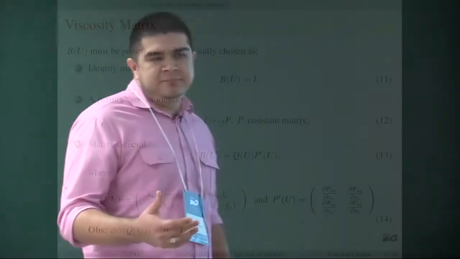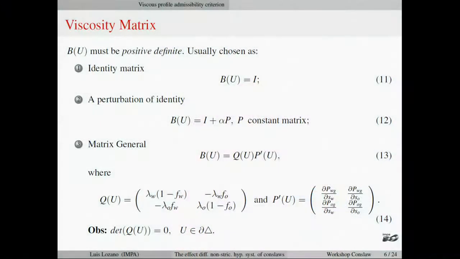This is very good if you want to prove theorems and do mathematical analysis; it is easier to study, though not easy. In the beginning of my work, I considered a perturbation of the identity with a constant matrix, but afterwards we consider a more realistic matrix.